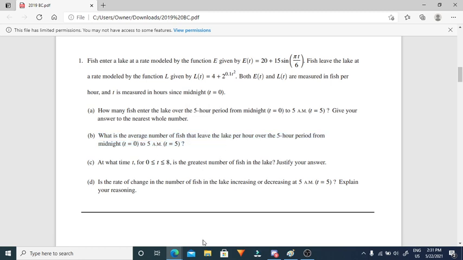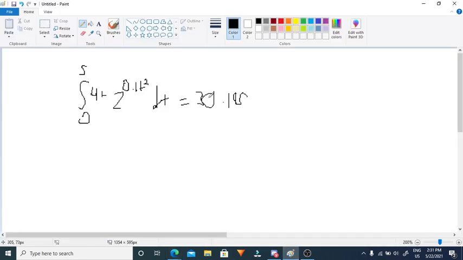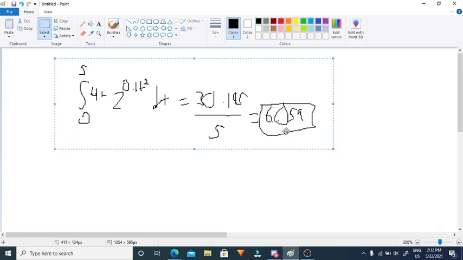So the only difference is after we do this integral, which we get 30.195, in order to find the average amount of fish leaving per hour, we divide by the number of hours. So since it was from time equals 0 to 5, that's 5 hours, and we divide by 5, and then we get 6.059 fish per hour. That's how many fish left the lake per hour. And that is part B.